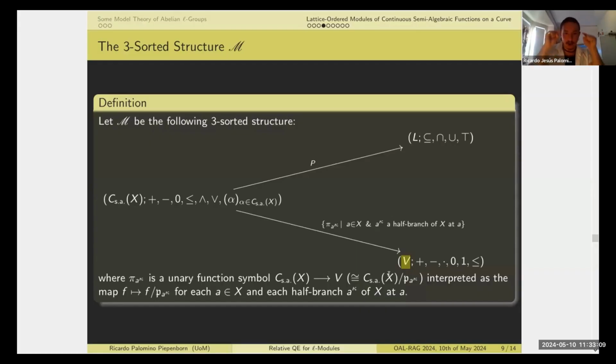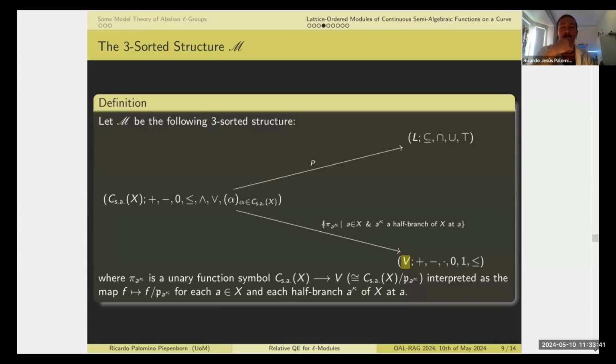And so you have a canonical map from the ring or the module onto this real closed valuation ring V. These are the germ maps that take any function f to its germ at the half branch at A. I add all such maps, and this is a very big monster structure. You have many maps in here, but it's still a perfectly valid model-theoretic first-order structure.